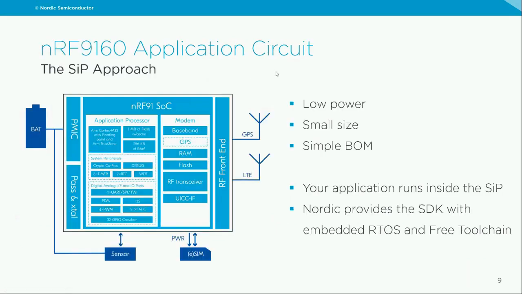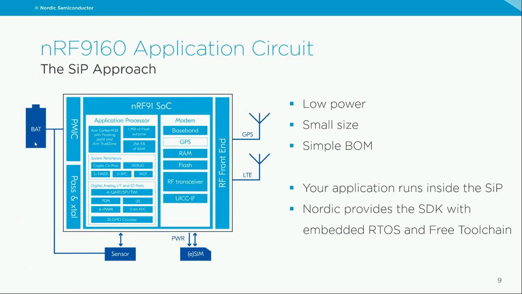So in total, if you look at the application circuits for the 9160, it becomes very simple. You have the SIP, and around it, you need to add a battery, of course, any sensor that you need for the application, a SIM card, and you need antenna for LTE and GPS. These components are external because they are always application specific.